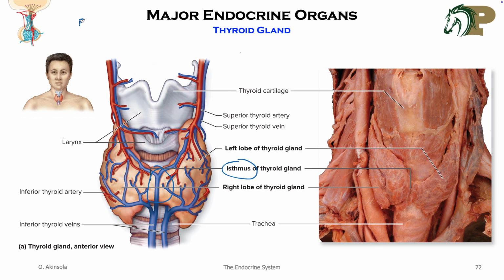Since this is the right and this is the left, over here you have your right lobe, and then over here is your left lobe. And you see the thyroid over here in a cadaver, again forming that butterfly shape.